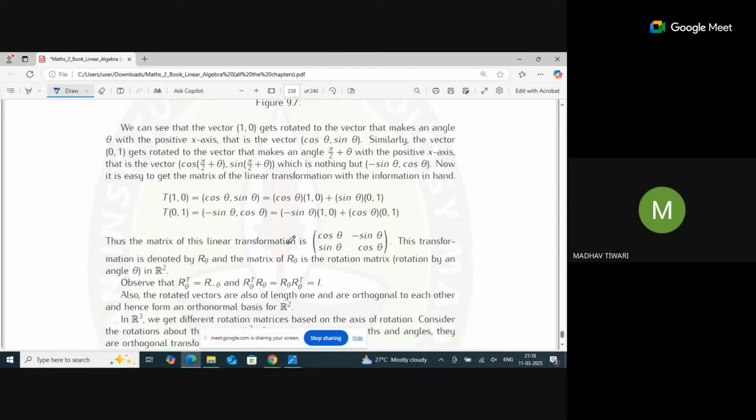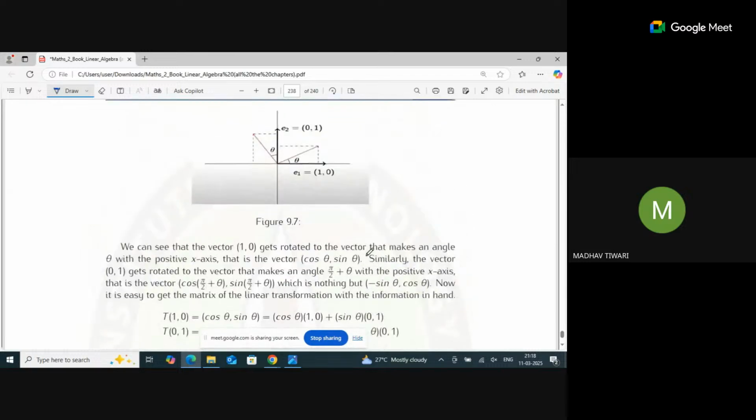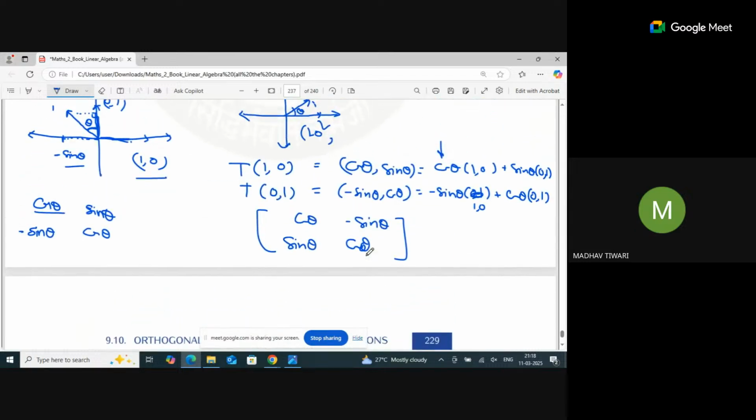You can see here cos theta, minus sine theta, and sine theta, cos theta. Now we can take standard cases from this part. Suppose instead of rotating it anti-clockwise, I had rotated it theta clockwise. If I'm rotating it clockwise and I want to measure its angle according to this x-axis, I can say that it is rotated by minus theta. When I rotate by theta, my matrix was this.